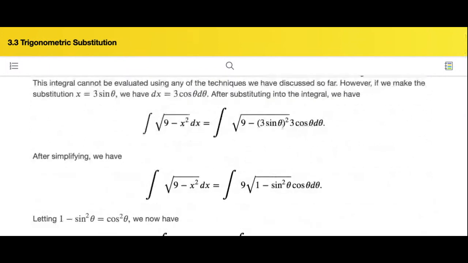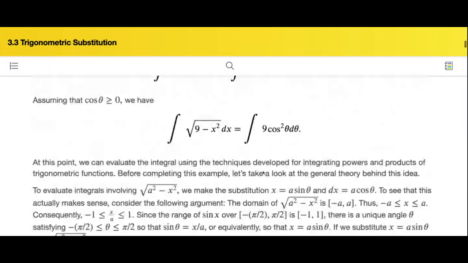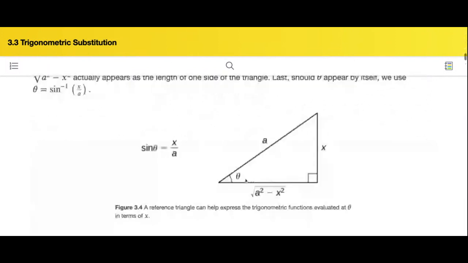We substitute x in terms of 3 sine theta, because of this right triangle here. Sine theta we can write as x over a, so x equals a times sine theta. Okay, so from this picture, we're going to substitute x with a times sine theta.